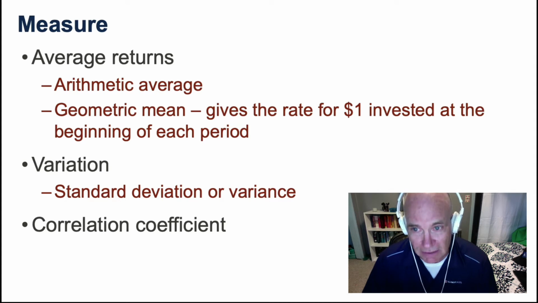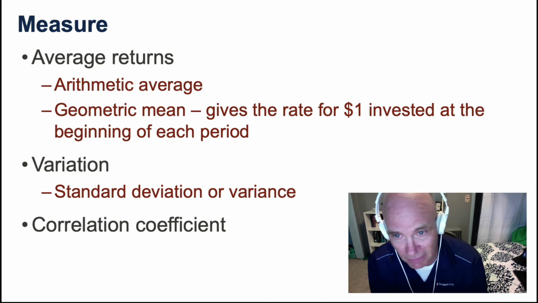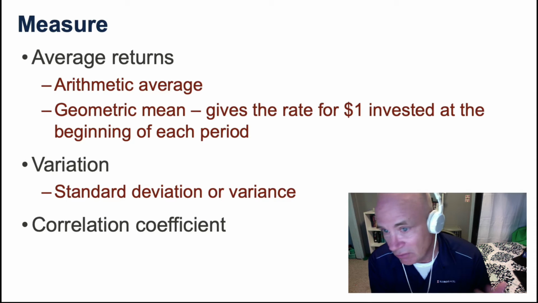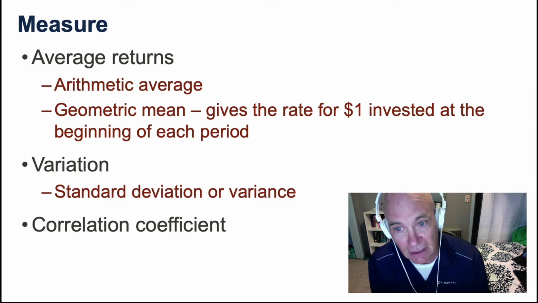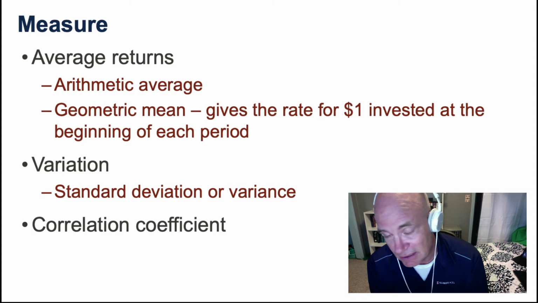But what it does is, if you have an investment dollar, $1 invested at the beginning of the period, it gives the average rate over the remaining periods that will result in the ending value. Variation, we measure that by the standard deviation or variance.